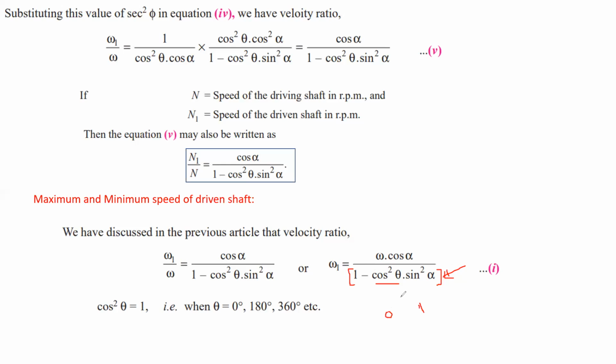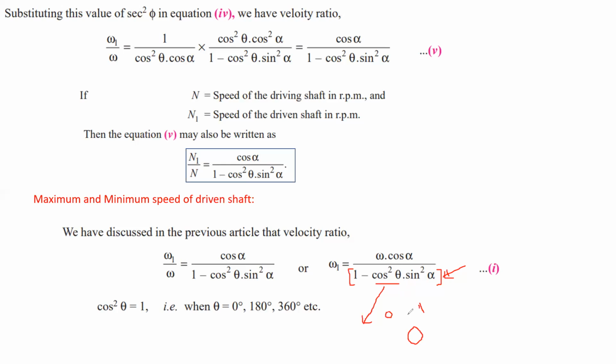Got it? Now you have to see what is the minimum value of cos square theta. Minimize it. So minimum value of cos square theta, one can easily say that it is 0. Okay. Cos square theta का जो minimum value होगा that will be nothing but 0 or any other thing. Okay.